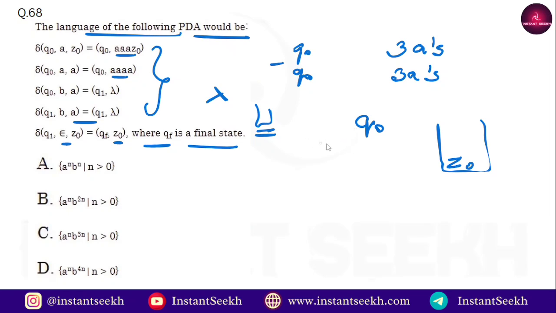For every A encountered in state Q0, it adds AAA on the stack, whether the top is Z0 or A. For every B encountered, it removes an A from the stack. When no input is left, that is empty input, if Z0 is on the stack, it accepts and moves to QF.